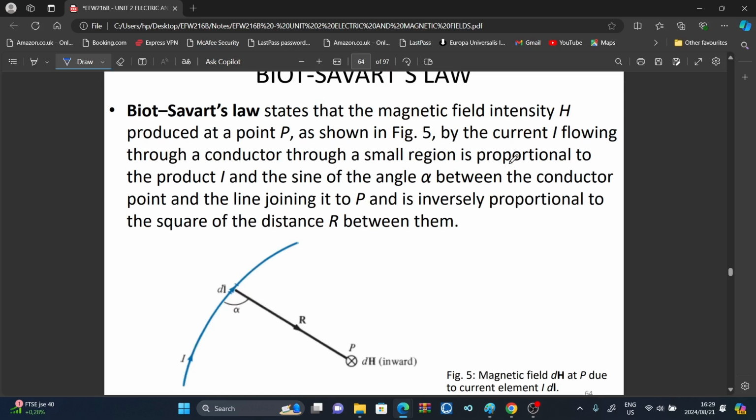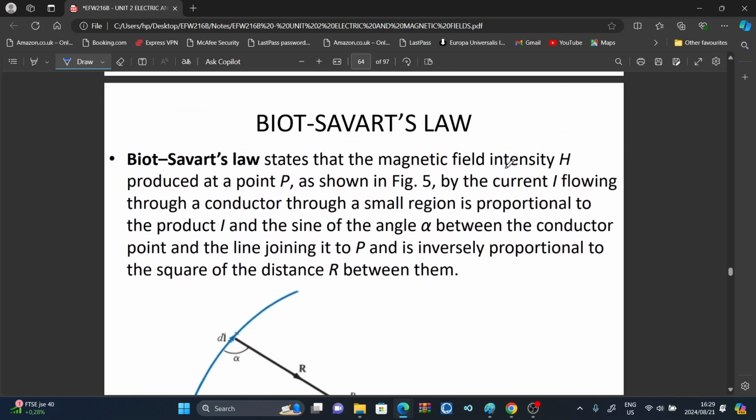Now we come to Biot-Savart's law. There are two French scientists, so it's a French name. In the simplest terms, you can go read the definition here. What is it used for?